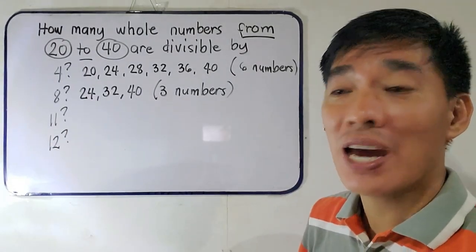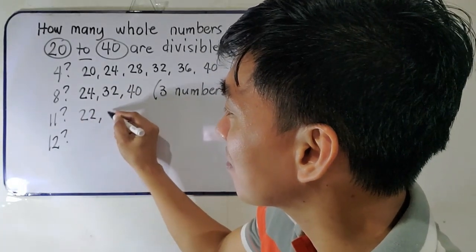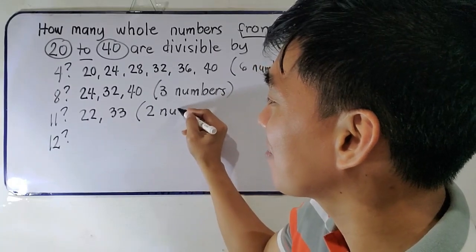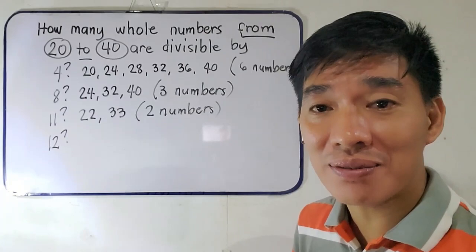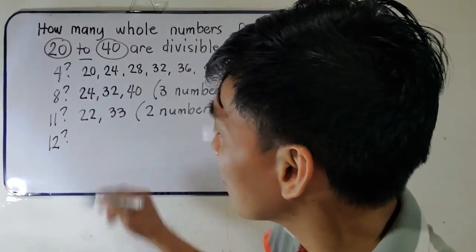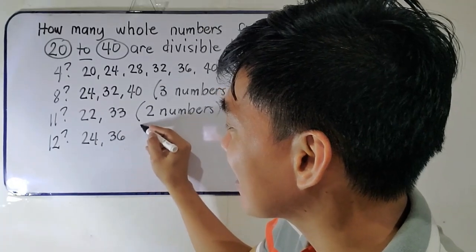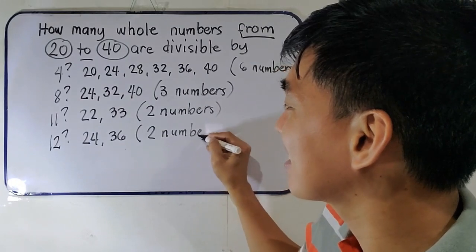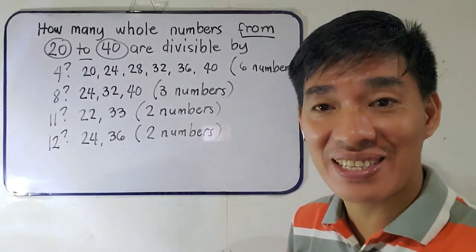Those are 22 and 33. So 2 numbers. And for 12, those numbers are 24 and 36. So there are also 2 numbers. So these are the answers for our activity.